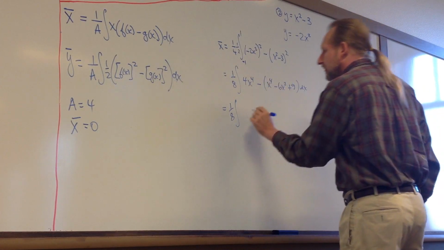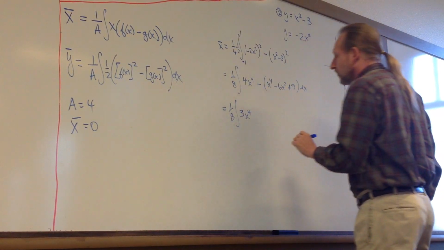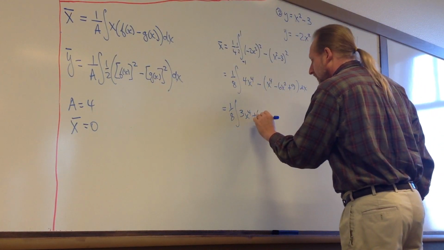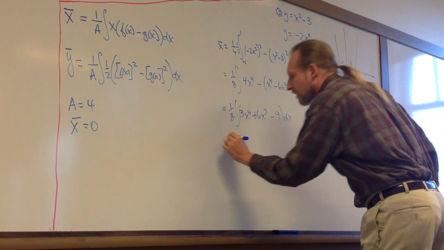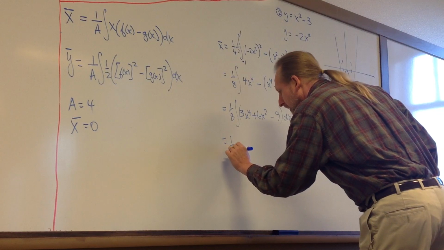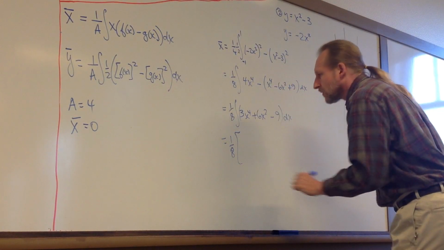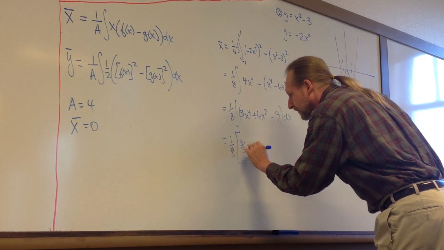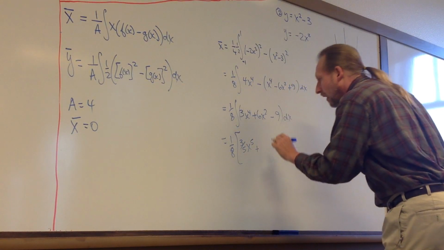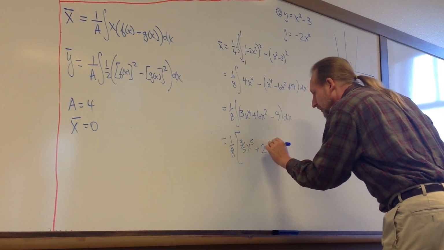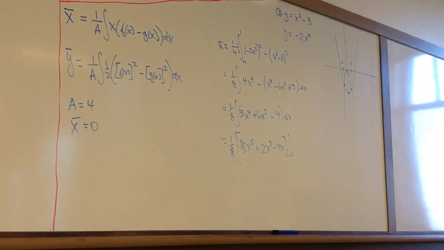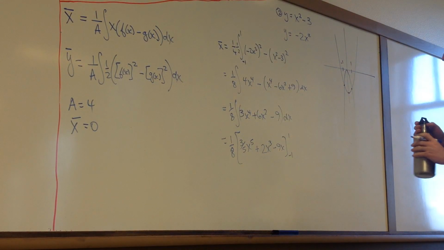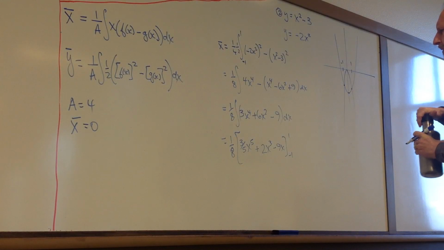Let's see, so that'll be 3x to the fourth, and then plus 6x squared minus 9. And now we can integrate. So that's 3/5 x to the fifth, 6 over 3 x to the third, minus 9x, excuse me, from negative 1 up to positive 1.